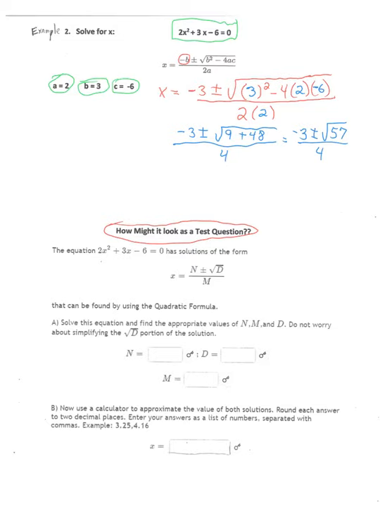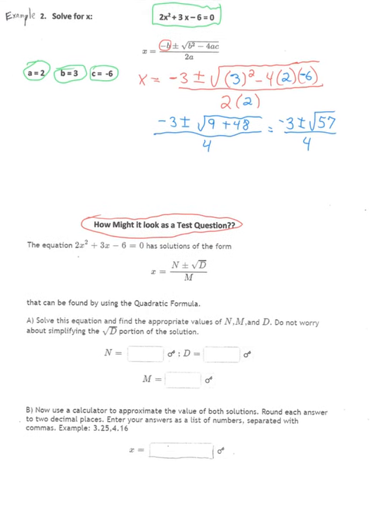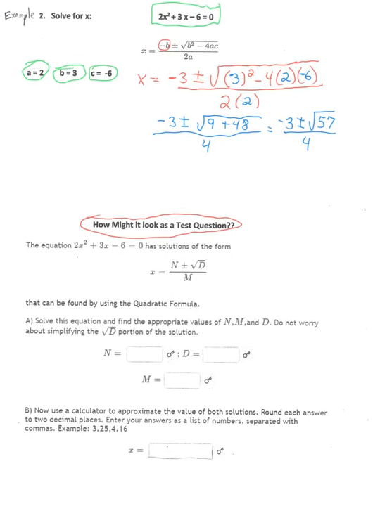Now we're going to hold off for a second before we go to our calculator and get those square roots. The reason I want you to hold off is that I want you to look at how the test would want your answer so far. Notice they're saying write your answer x equals, where the n is the number right in front of the plus or minus sign. For us, that's the negative 3.